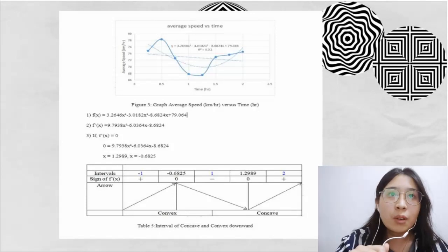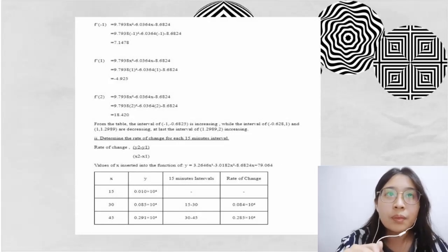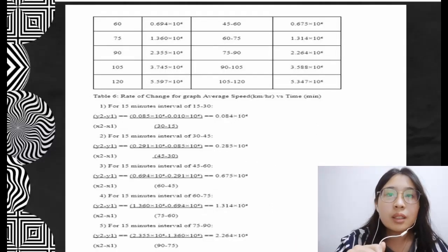So we can conclude that the interval of negative 1 and negative 0.6825 is increasing. However, the interval of negative 0.6825, 1 and 1.2989 is decreasing. Lastly, the interval of 1.2989 and 2 is increasing.